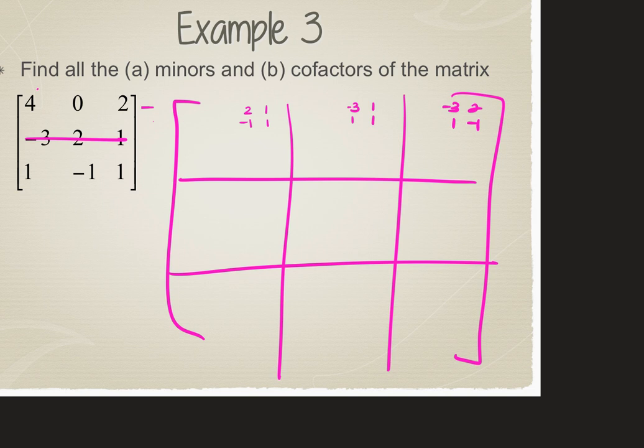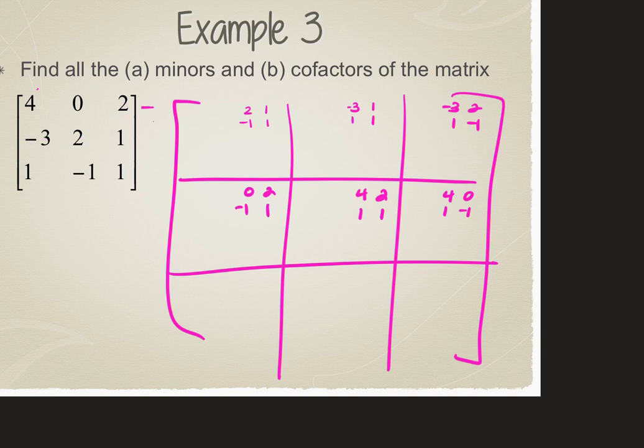Row 2, column 1. And I get 0, 2, -1, 1. Row 2, column 2, 4, 2, 1, 1. Row 2, column 3, 4, 0, 1, -1.